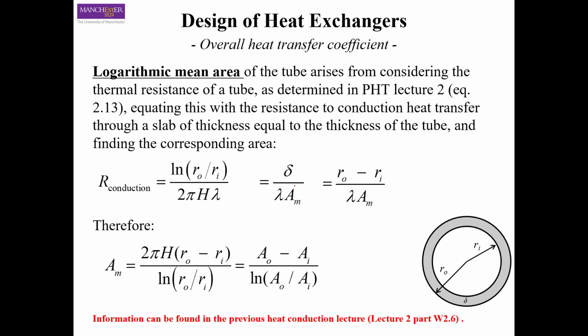So now a little bit about the log mean area. As I said, you have already looked at the log mean area in lecture 2, that is equation 2.13. If you don't remember, please go have a look back. And why we are calculating this log area is because we are looking at how the area will change if you compare a cylindrical system with, for example, a slab or a planar surface.